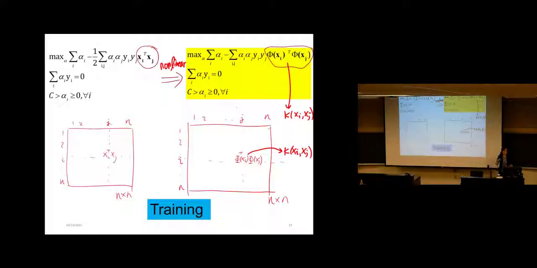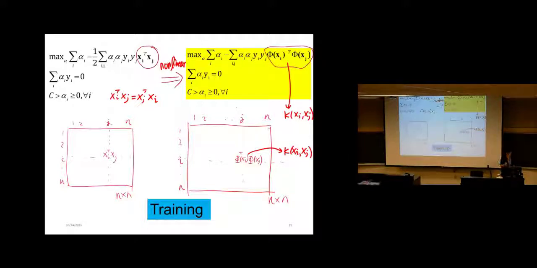Yeah, it's n squared, and also the inner product guarantees what? When you have an inner product, it guarantees symmetry, right? We actually talked about this many times before: xi transpose xj equals xj transpose xi. And this matrix is symmetric.